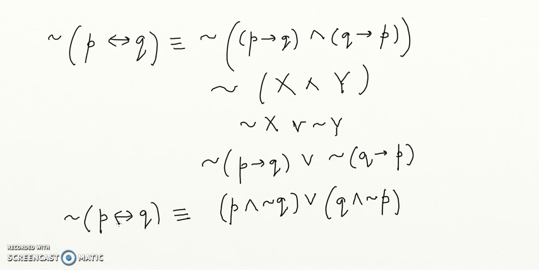The negation of if and only if P then Q is equivalent to P and not Q, or Q and not P. Try to prove it by using your truth table.